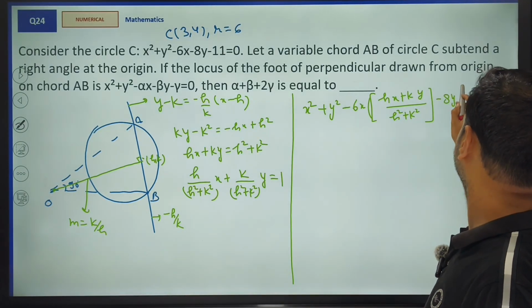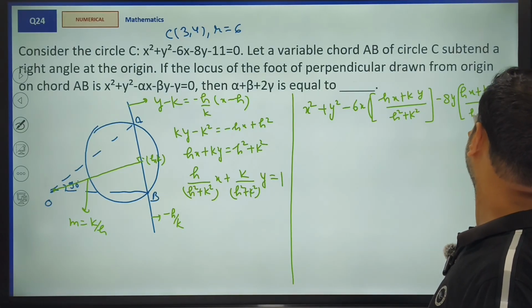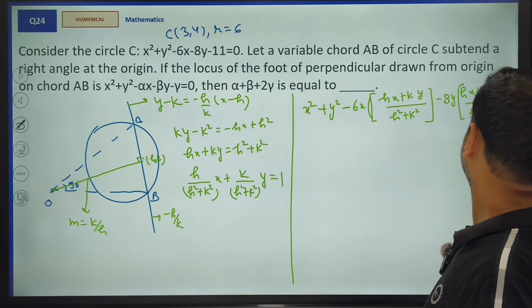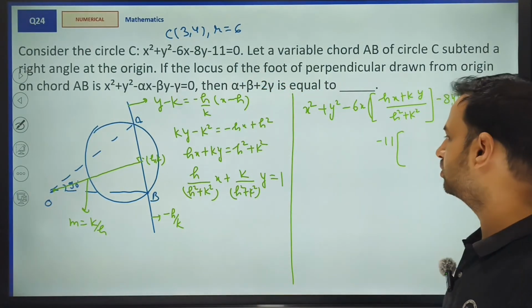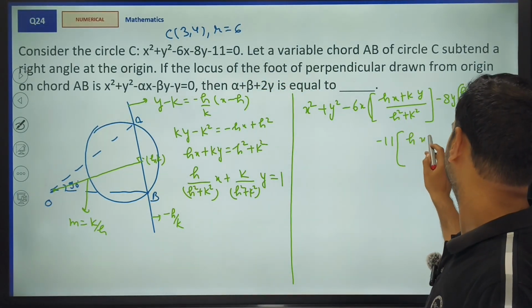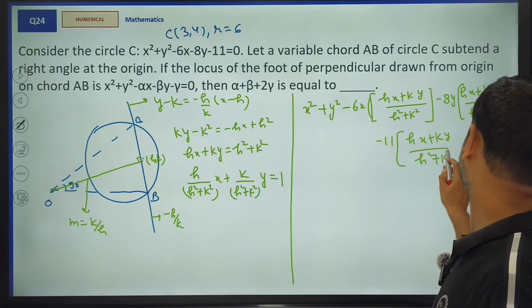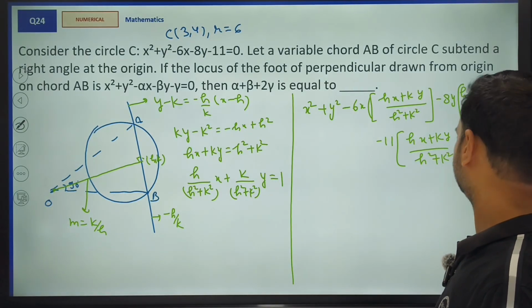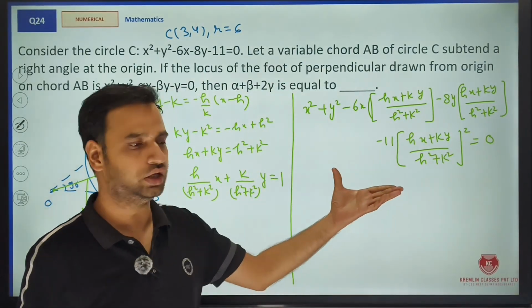Minus 8y again into hx plus ky upon h square plus k square. Minus 11, we have to multiply it by 1 square because this is a constant value, hx plus ky upon h square plus k square whole square, 1 square. So it is 0.